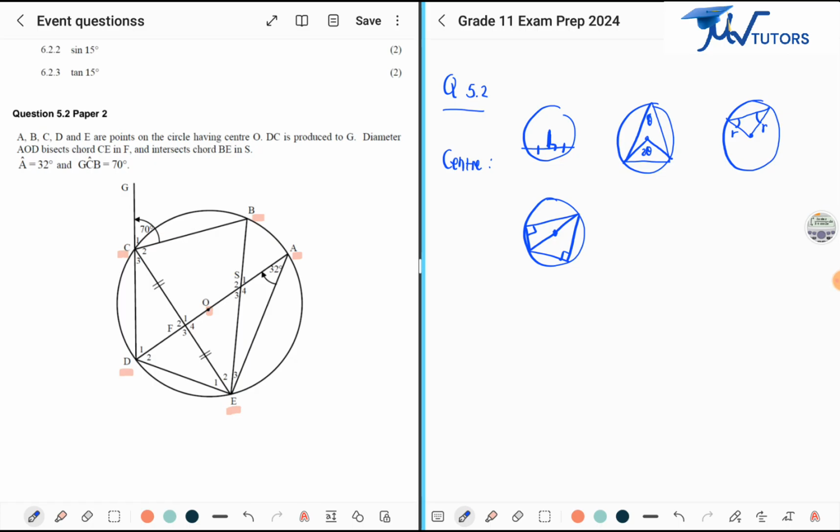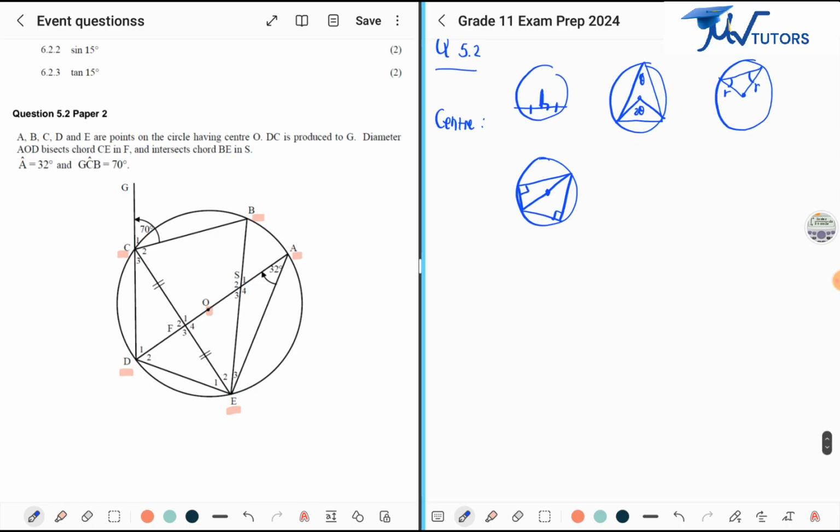Okay, and then it says DC is produced to G. So it means if I extend this line DC, it goes all the way to G. And that also gets me excited because I also have a look here, I have a cyclic quad.